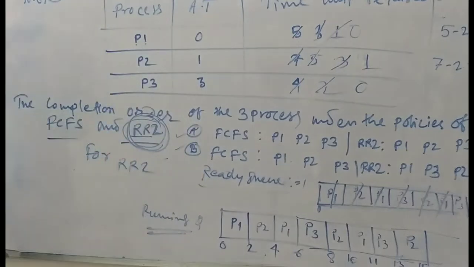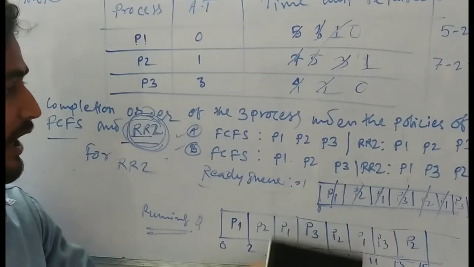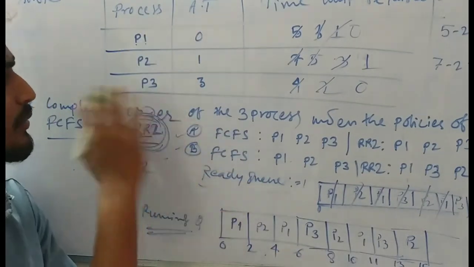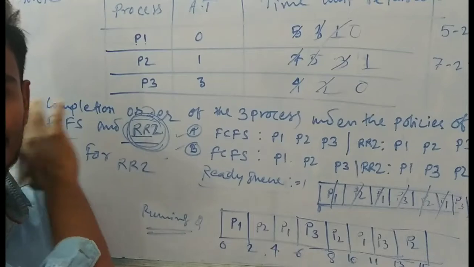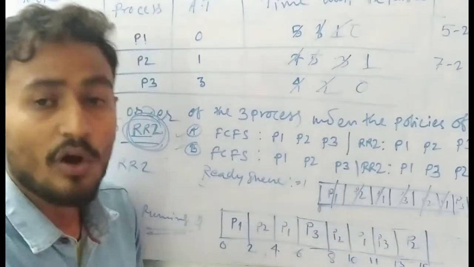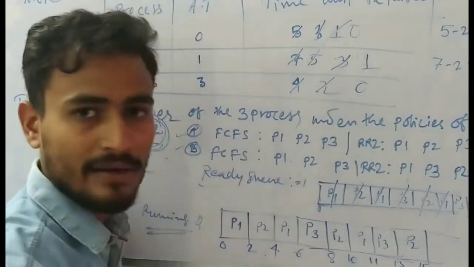Okay, we check another time how many processes are actually present in the ready queue. All processes are completed, so the first condition is not checked. Second condition, is P2 complete or not, because 1 is remaining. So P2 is remaining.